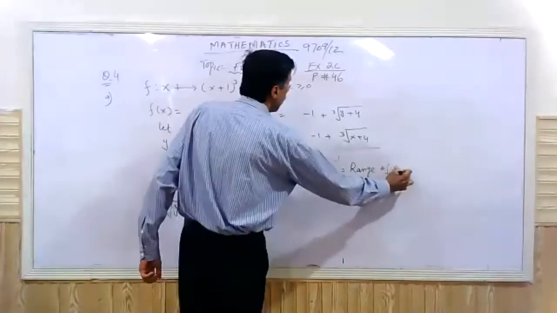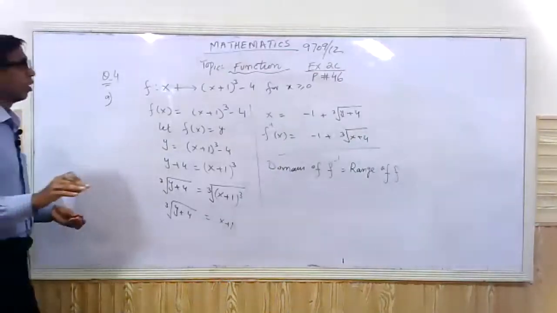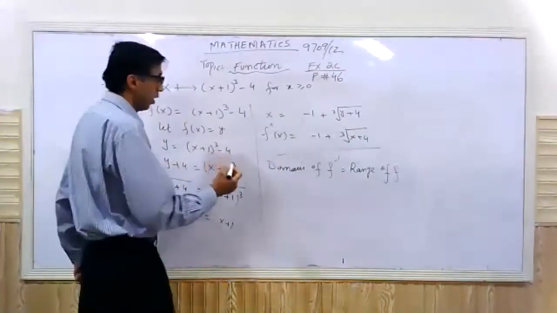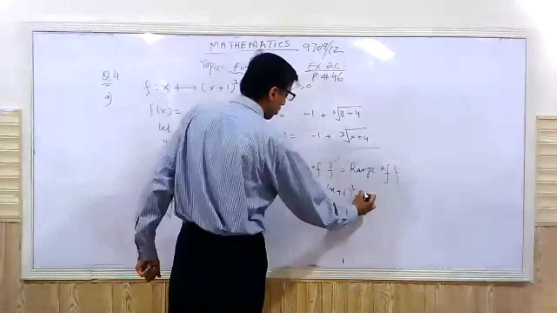Now the function is given to us, the value is -4. The function is f of x is equal to (x plus 1) cubed minus 4.